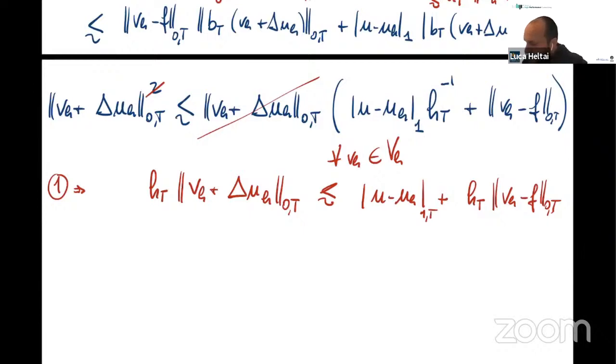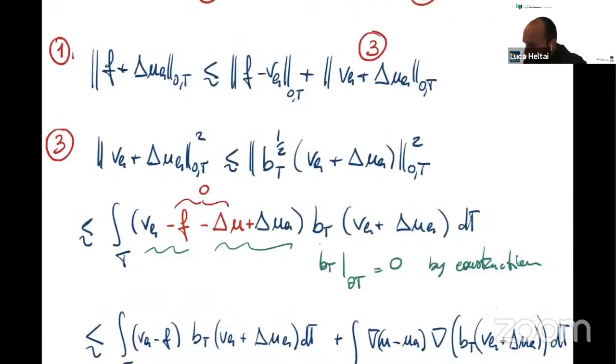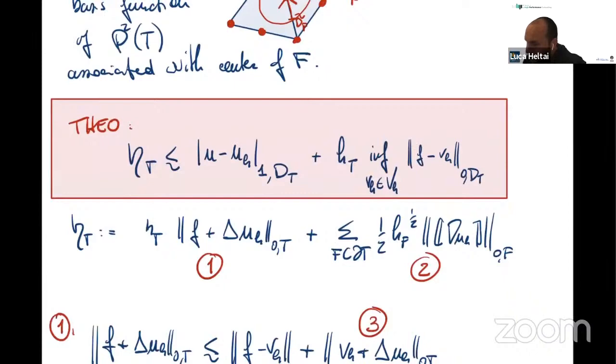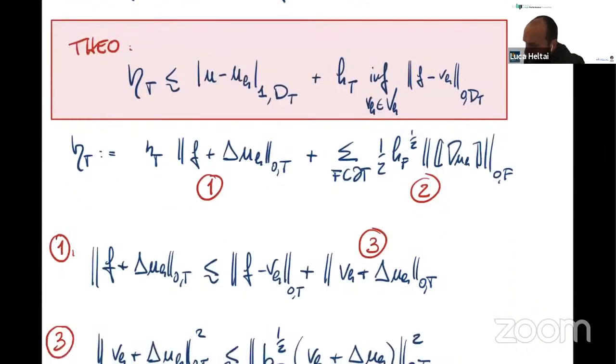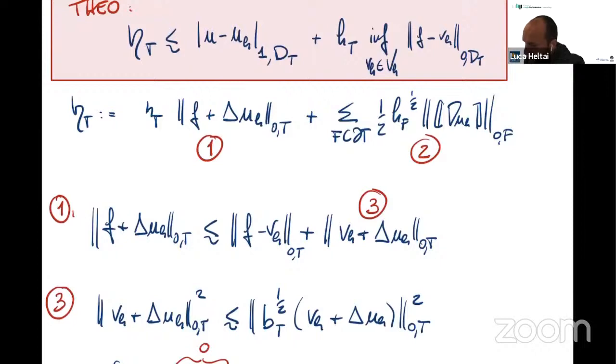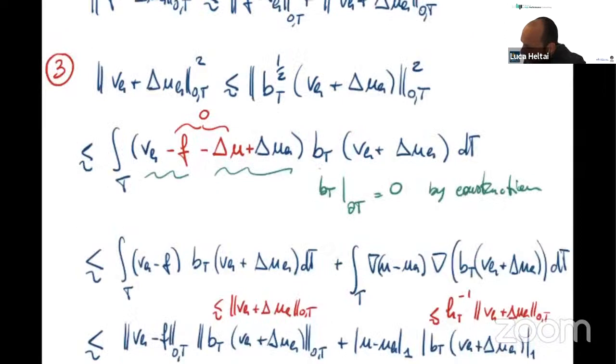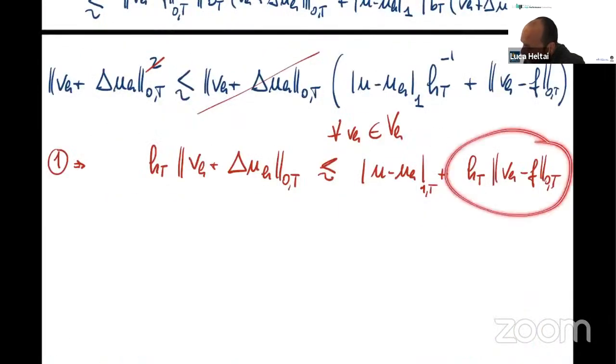And of course, the reason why this is valid is because I've already proven that this can be written as the sum of two parts. One part, which is here, f minus vh, 0t, plus another part, which is here, which is vh plus Laplacian of uh. So this gets incorporated into this, and the rest remains outside, okay?